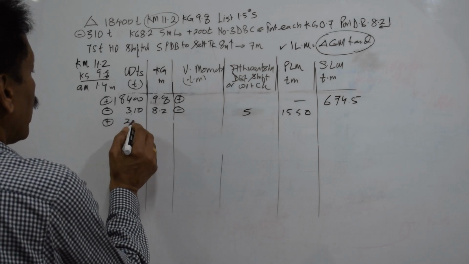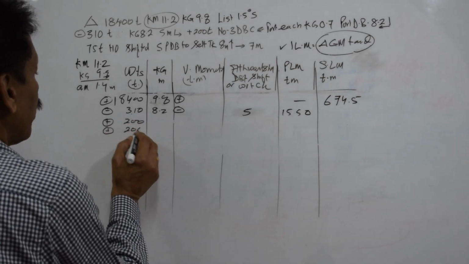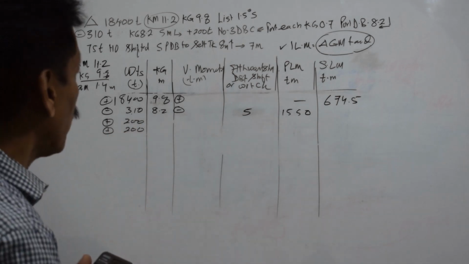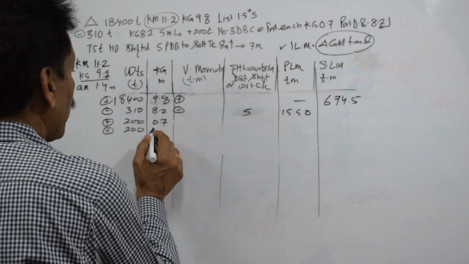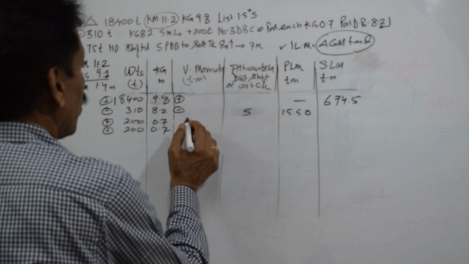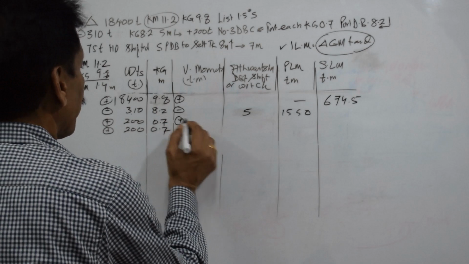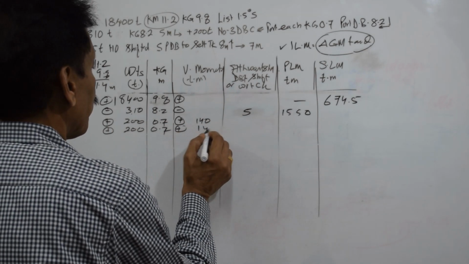Next, there is loading of 200 tons over here. Also over here there are two double bottom tanks. One is on the center line and their KGs are 0.7 meters each. So it's going to cause a vertical moment of 140 each.